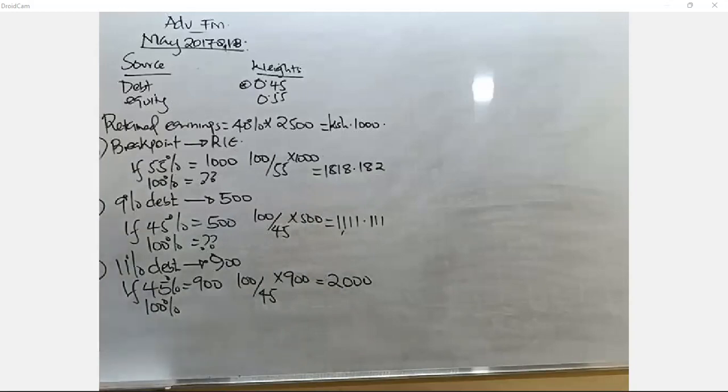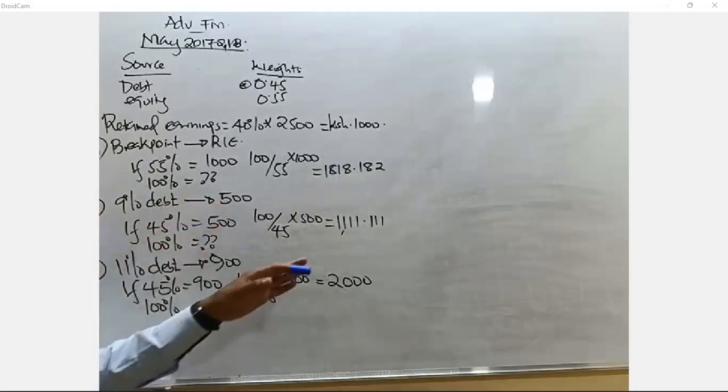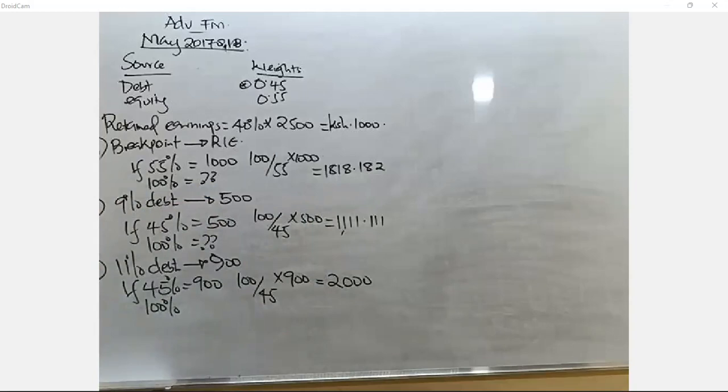Now, what about the debt? We have been told we can have an incremental debt. We have 9%, we have 11%. For 9%, without being fully utilized, it can only give you 500. What if you utilize it fully? It can give you 1.1 million. If we want that loan, let us take the loan fully.